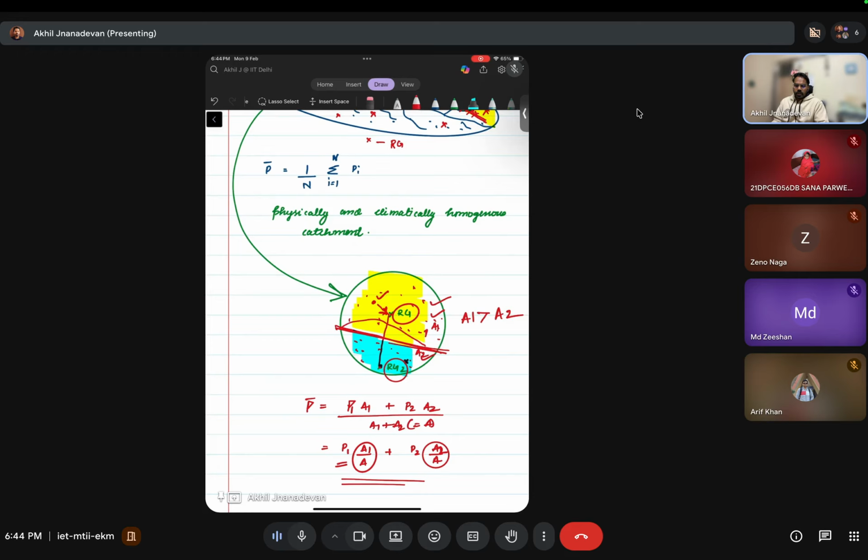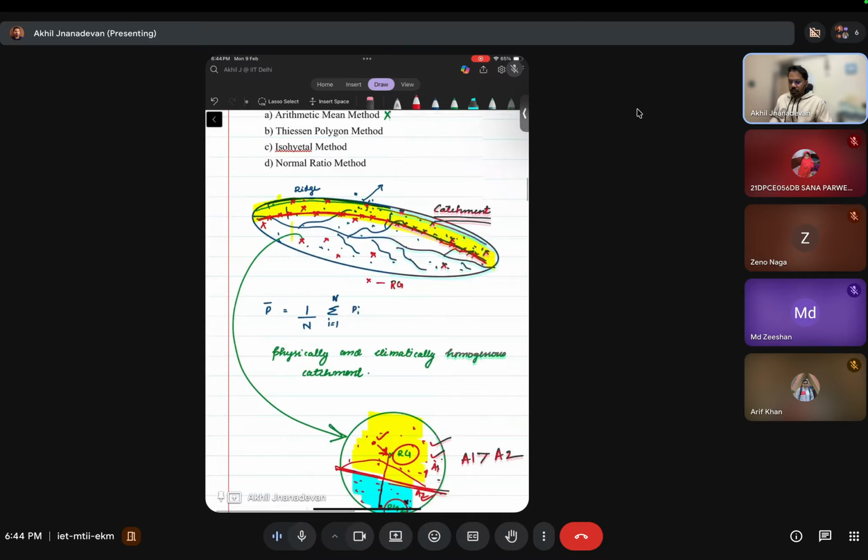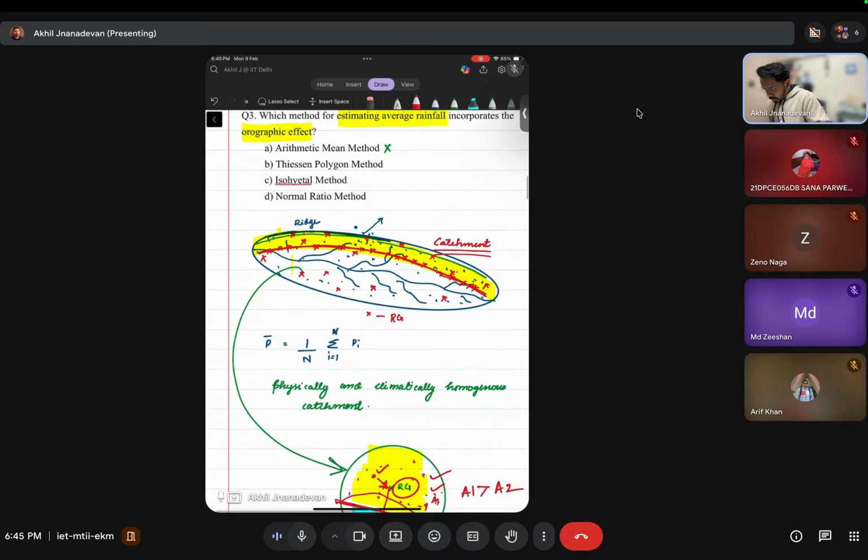It is a good thing that it gives more weightage to the rain gauges that have a larger influence over our catchment compared to the ones near the boundaries, but it still doesn't take the orographic effect into consideration.